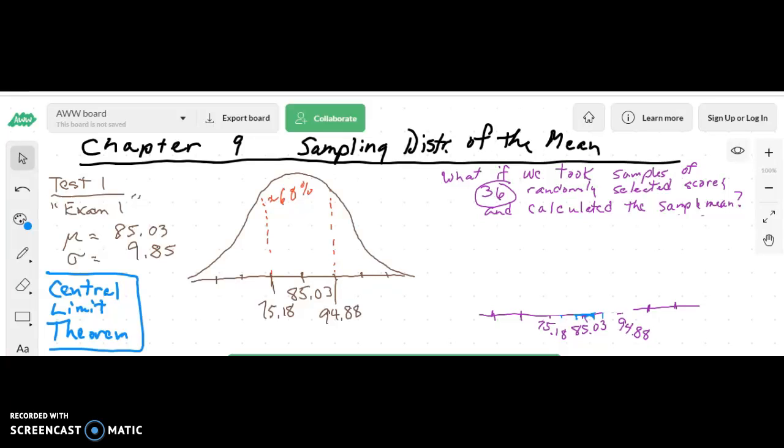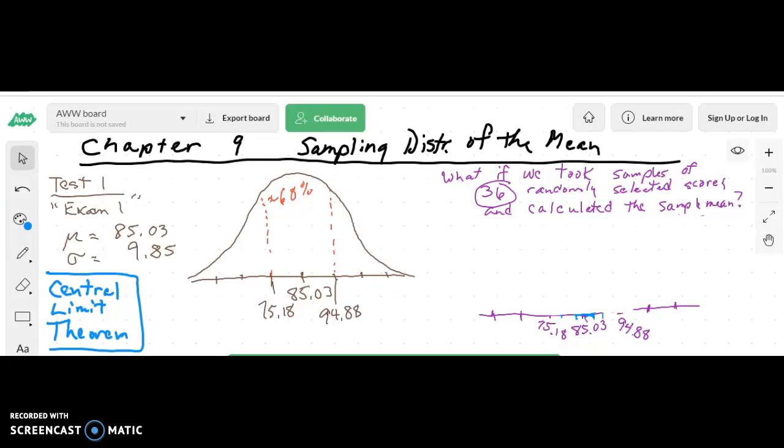Moving forward, though, we're going to take a look at what we can expect if we had a population like this, but we selected a group of data points from it. Where can we expect the mean of that group to fall within this distribution? So we're going to take a look at this question here.